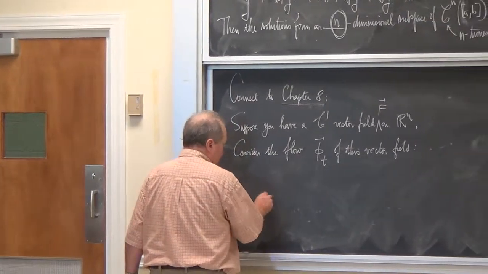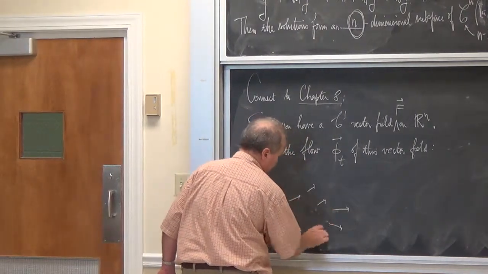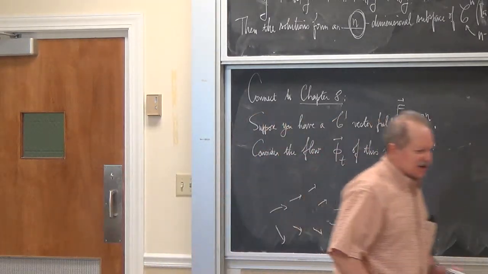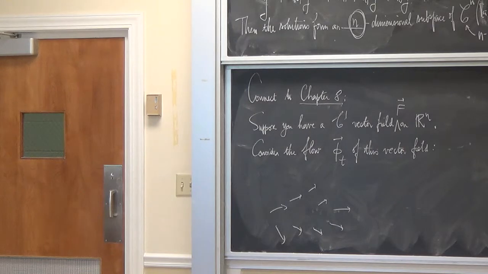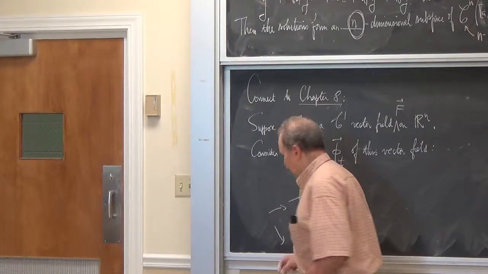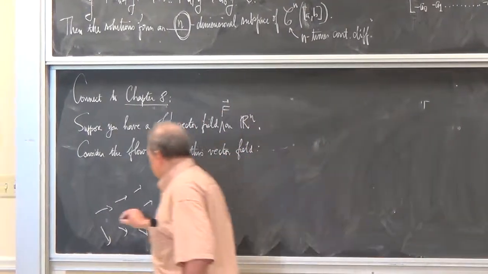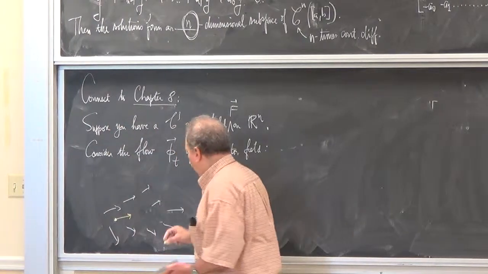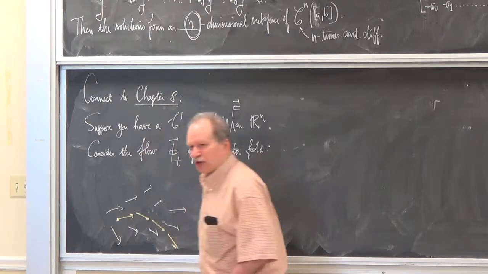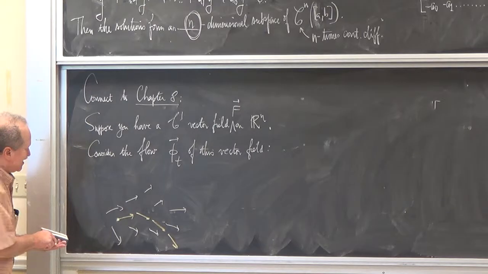The flow is, here you are in space, and there's vectors everywhere, whatever the vector field's doing. The flow says, put yourself somewhere in here and follow the yellow brick vector field. Go with the flow.